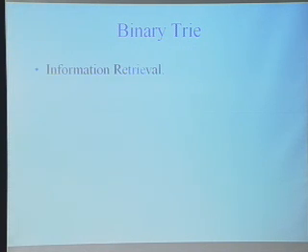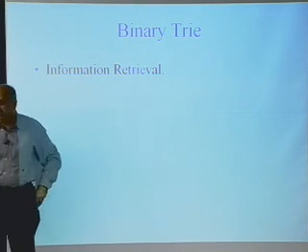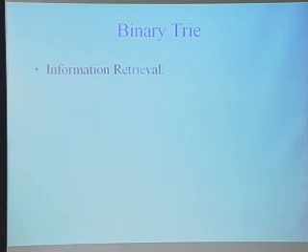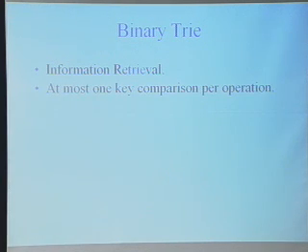Right, so the word trie was derived from the word retrieval. The structure was initially designed for information retrieval applications where people were indexing large texts. So maybe you're indexing articles in a magazine and they could be thousands of characters long. So you didn't really want to be comparing 1,000-character keys at each level of the structure.